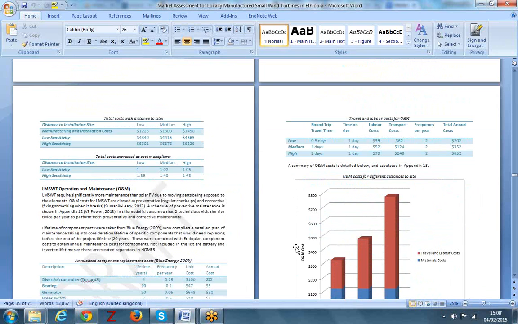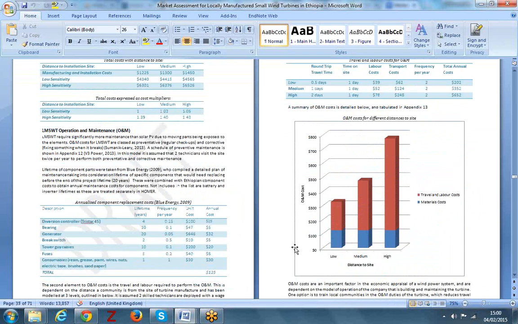The other important factor is operation and maintenance, which comes as a factor in HOMA, how much the yearly costs are. And this was taken from the Blue Energy report of the components that fail: diversion controller, bearing, generator, how long the lifetime is, and that's normalized to the cost per year to give an annual cost for materials divided through the lifetime.